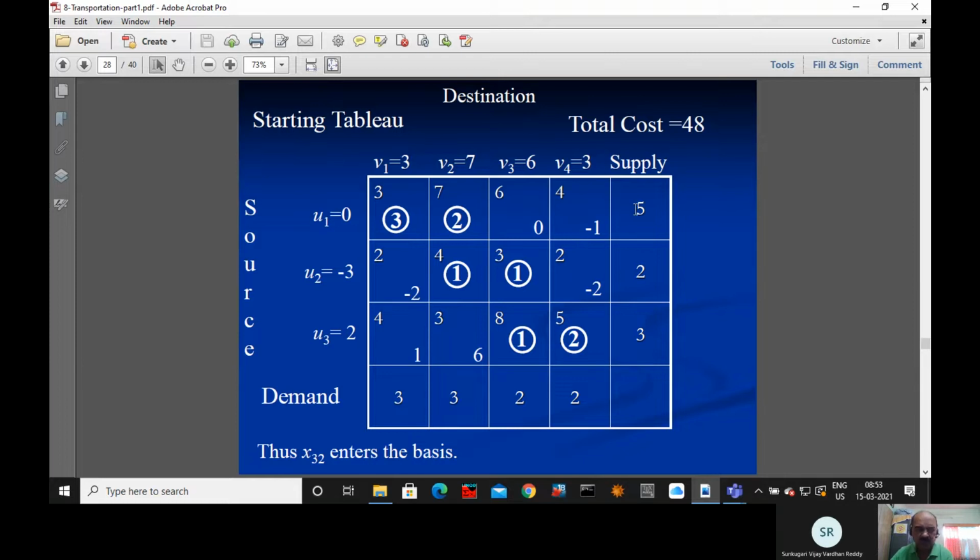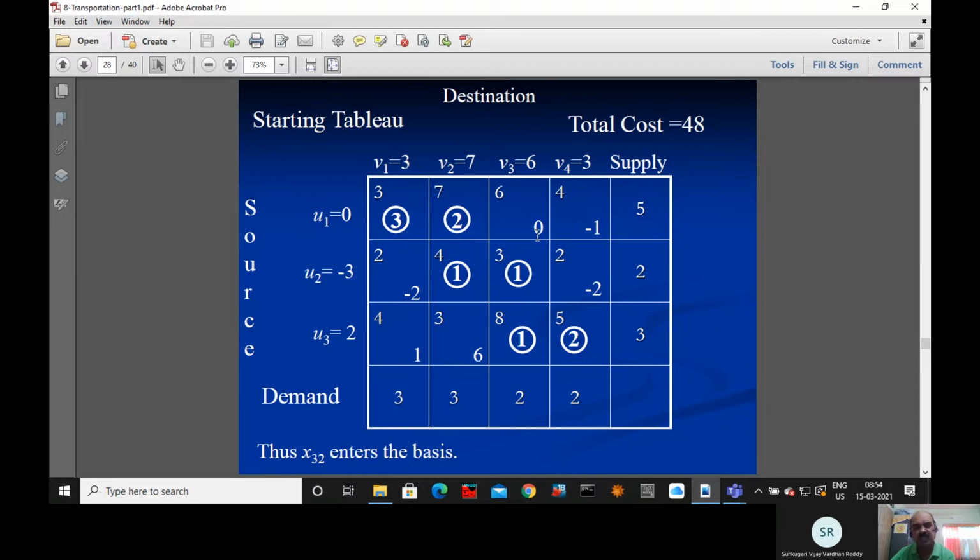Now see here, with respect to the first row, I am calculating. U1 equal to 0, V3 equal to 6. So 0 plus 6 equal to 6, 6 minus 6 equal to 0. It can be 0, it can be negative, it can be positive.